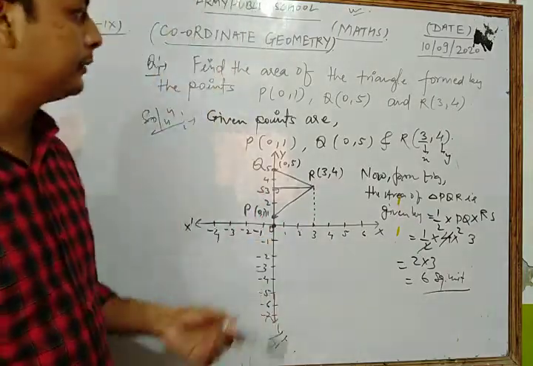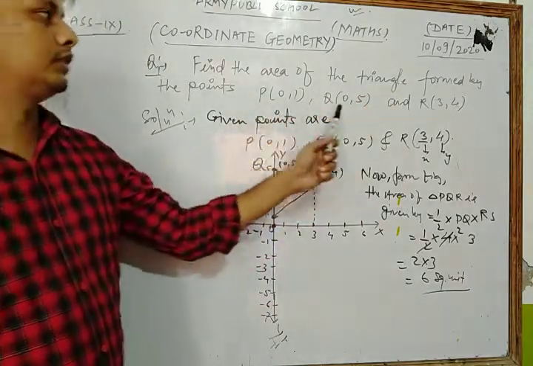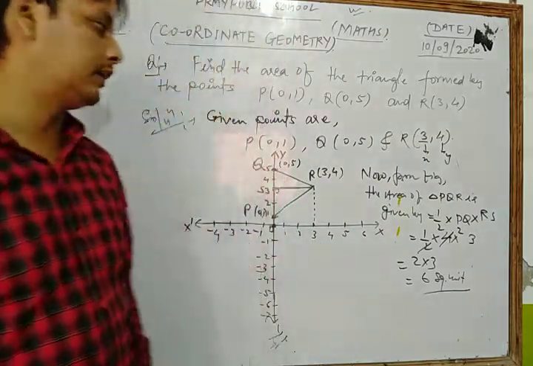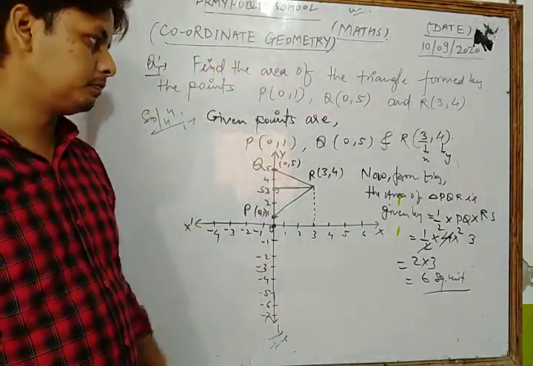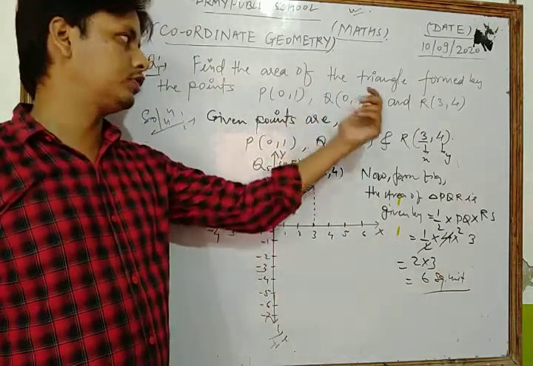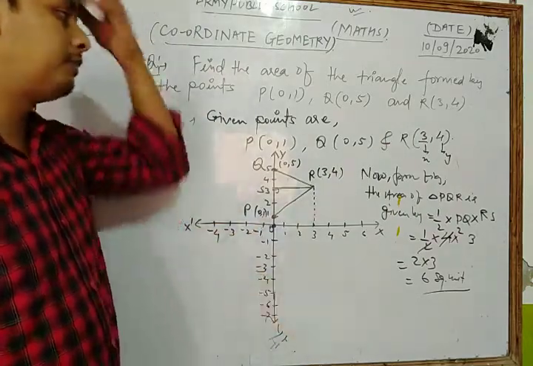Now let's see this question once more. Dear student, we find the area of the triangle formed by the points (0,1), (0,5) and (3,4). In solving that question, first of all we plot the given points P, Q, R. Now we draw a graph and plot the points.